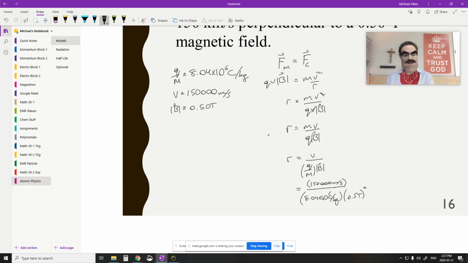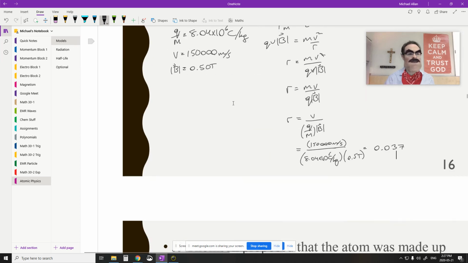So I get a radius of curvature of 0.037. I think there's 2 sig figs in this question, isn't there? Yeah, the magnetic field strength limits our number here. So 3.7 centimeters. There we go.